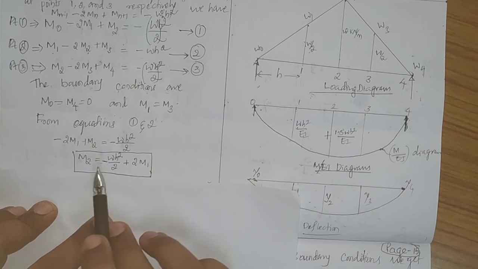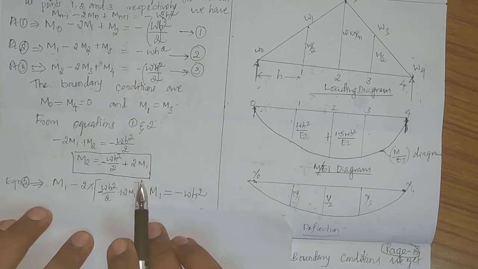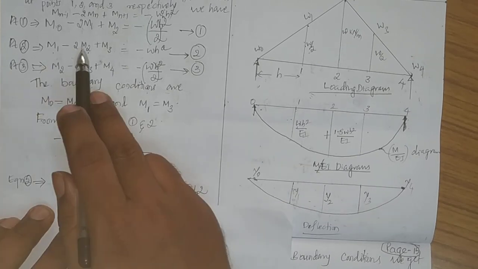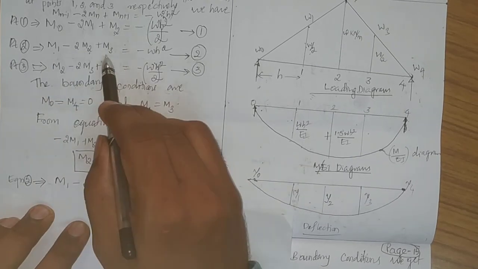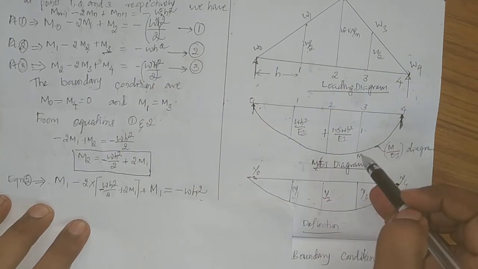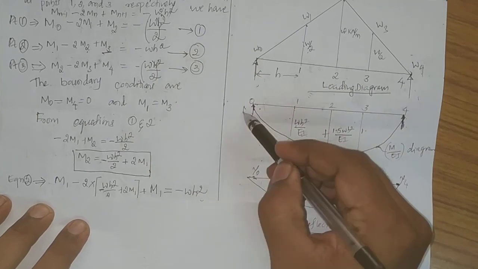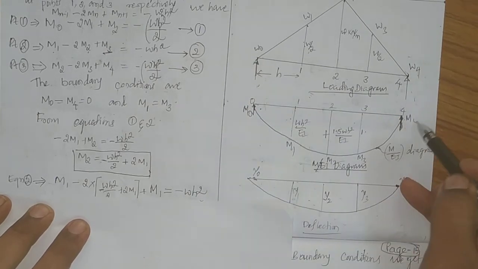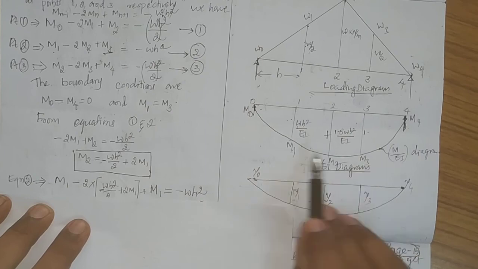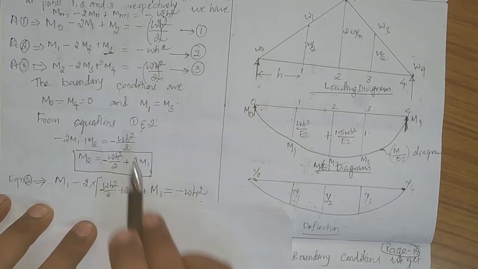So you got the value of M2 in terms of M1. Now similarly, from equation number 2, we know M3 is equal to M1. This is M3, M2, M1, M0, M4. M3 is equal to M1, so you can substitute M3 equal to M1 here.